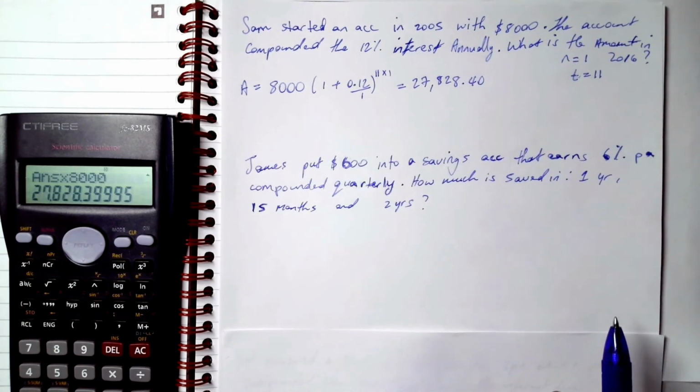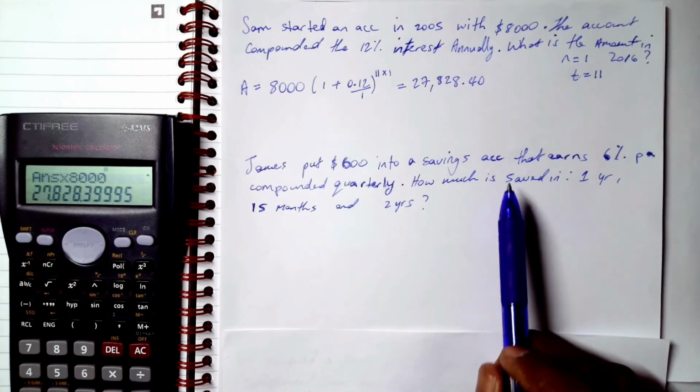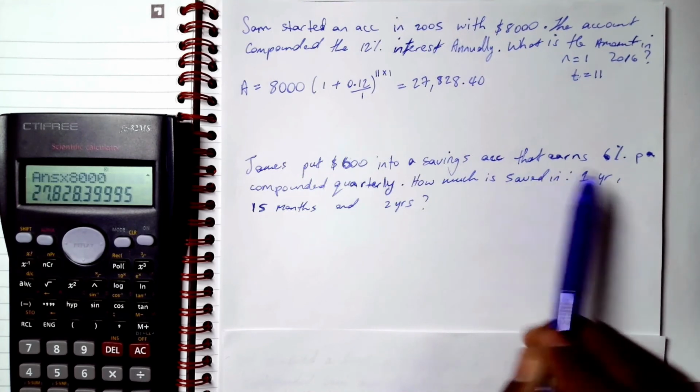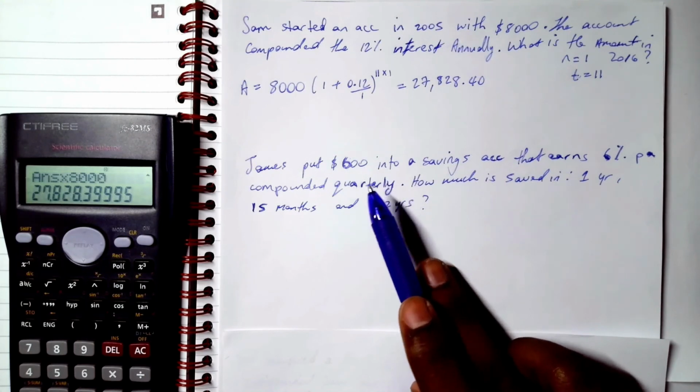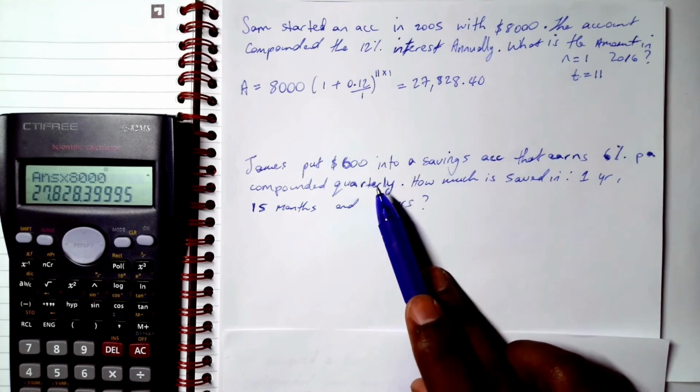James put $600 into a saving account that earns 6% per annum, compounded quarterly. It has to tell you how it is compounded.